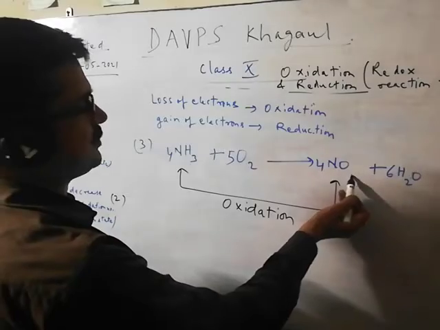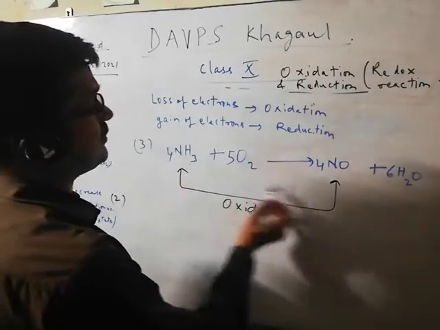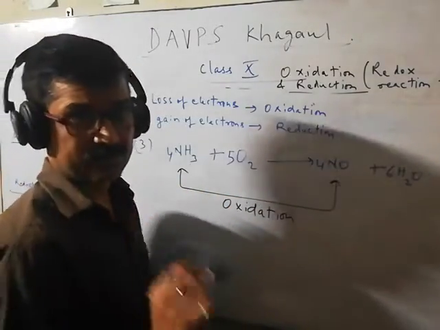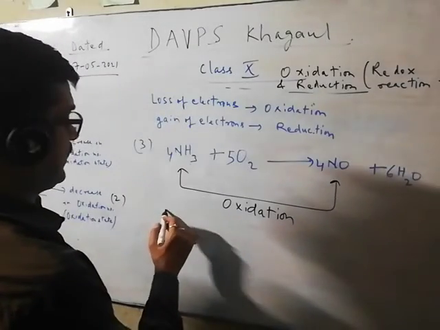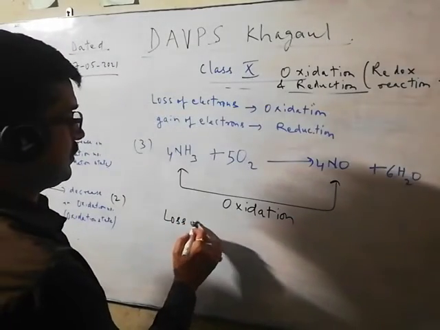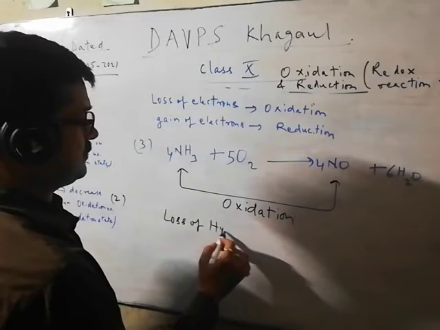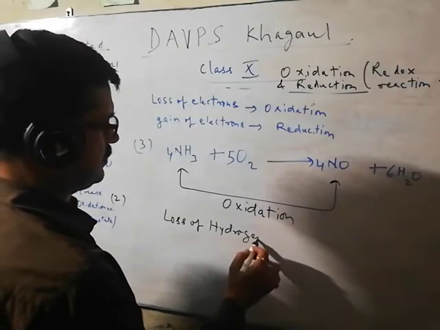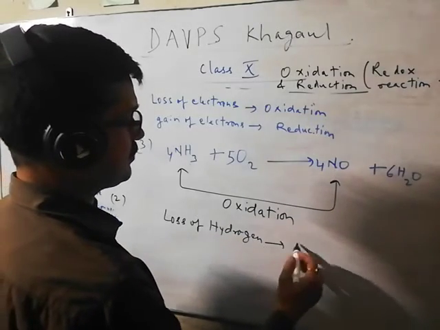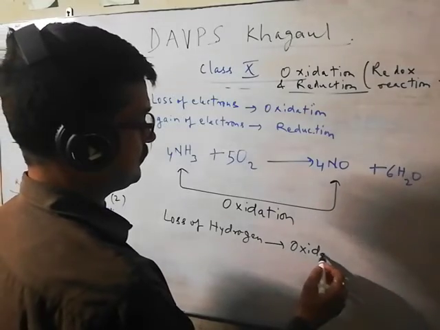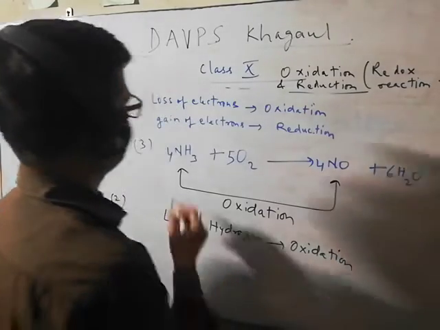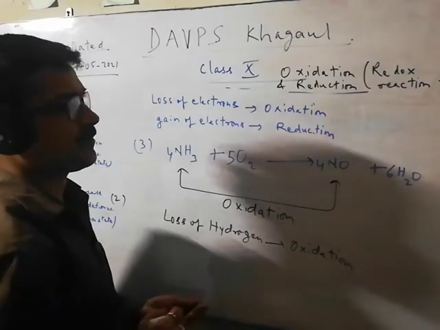Loss of hydrogen is also called oxidation. Loss of hydrogen is oxidation. So here loss of hydrogen also takes place.